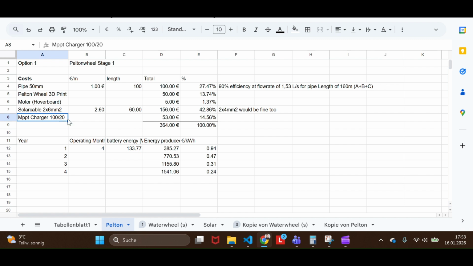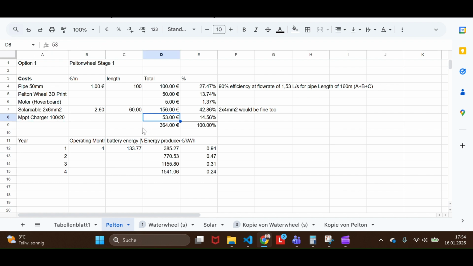The next up is the MPPT charger. In my case, I'm using a Victron 100/20, which is 100 volts max and 20 amps max. I have that lying around as well, so you might as well go for a smaller version right here.